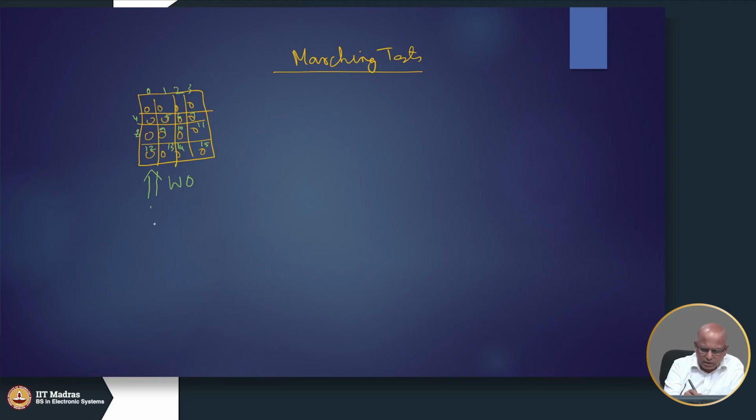If we say in the decreasing order of addresses write 0, then we'll start from 15 and go backwards. If the order is not important, we do like this. That means it doesn't matter which order, 0 to 15 or 15 down to 0.